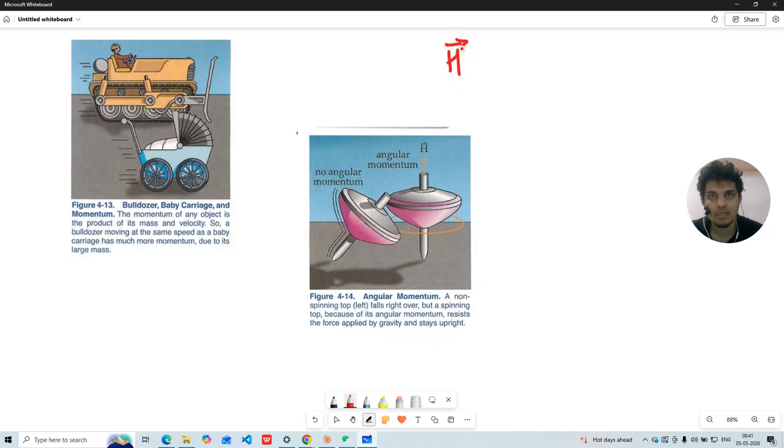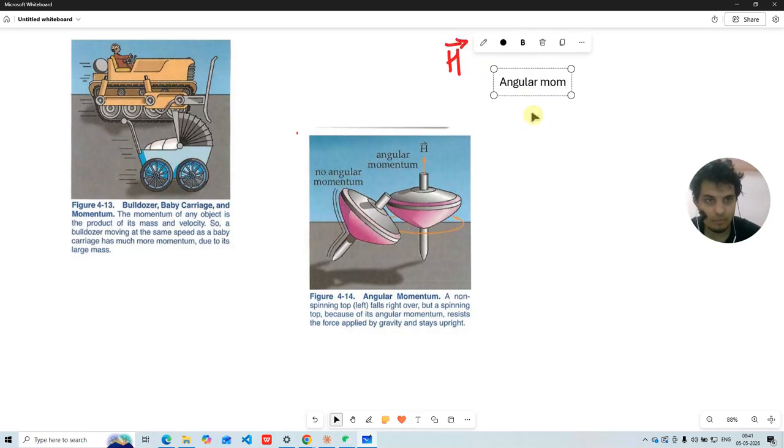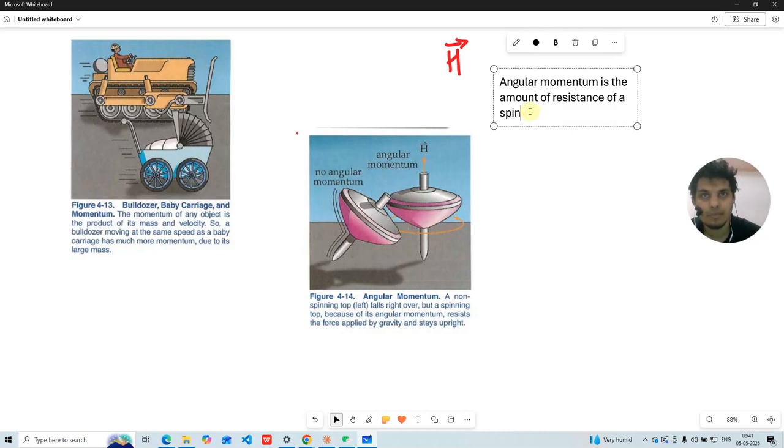Angular momentum is the amount of resistance of a spinning object to change in spin rate or direction of spin.